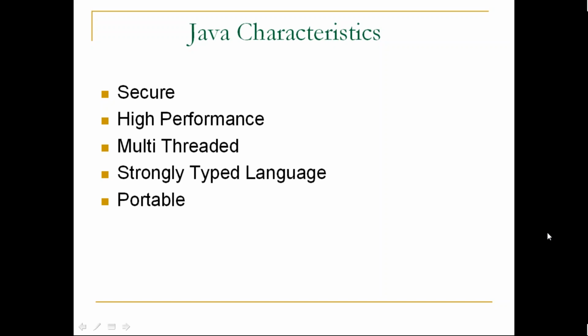Let's say you create a program on Windows, and you can also execute that same code on other operating systems, like Linux, Mac, iOS, or any of the operating systems. So you don't need to write the code again for different types of operating systems. You can write just one code and execute it on any type of operating system. That is what portability is, and that can be achieved with the help of Java.